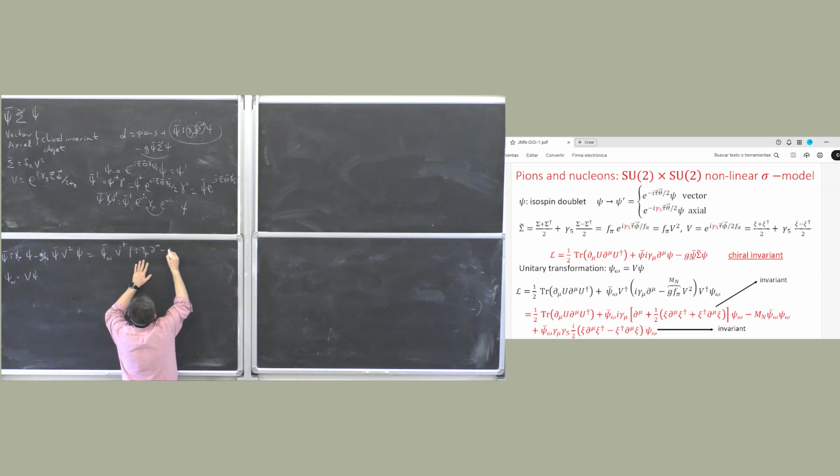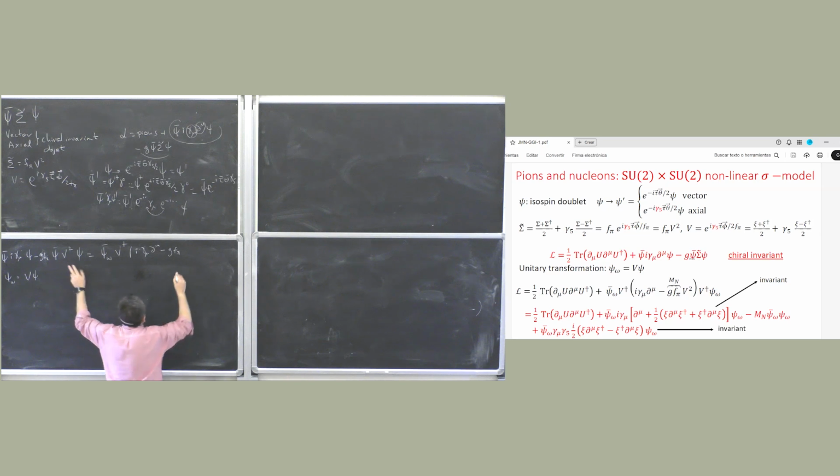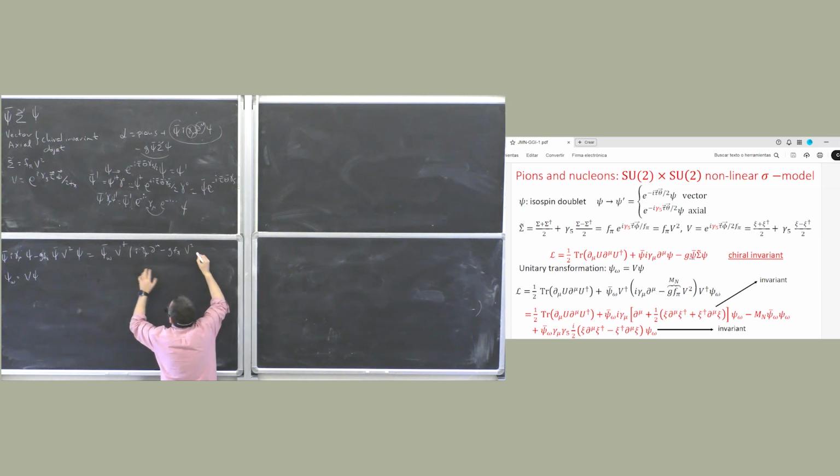Now I am going to have minus g f pi, exactly, and then we had V squared. And then psi is just V dagger psi omega, right?